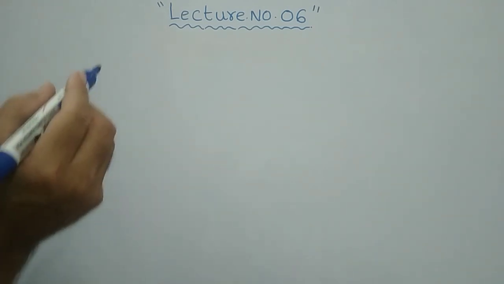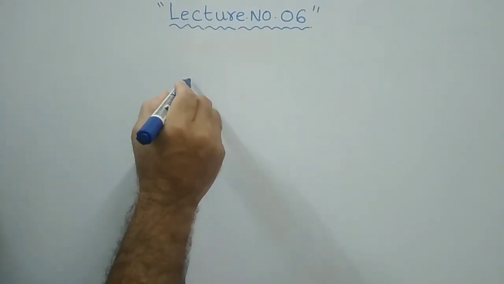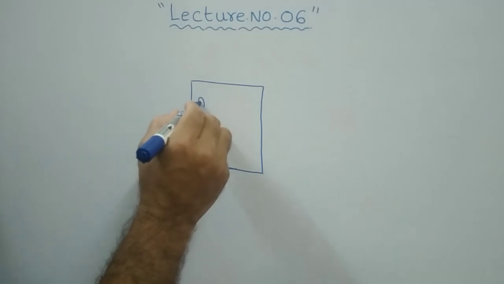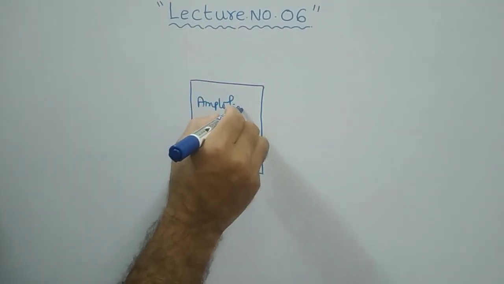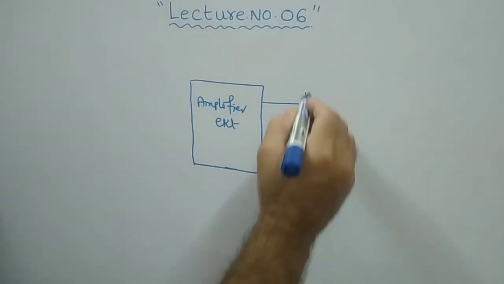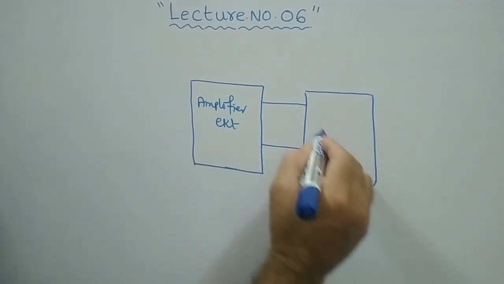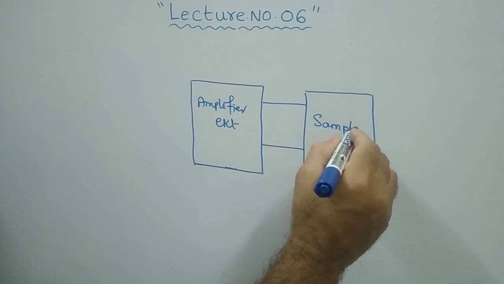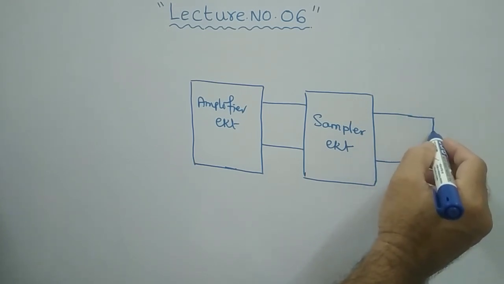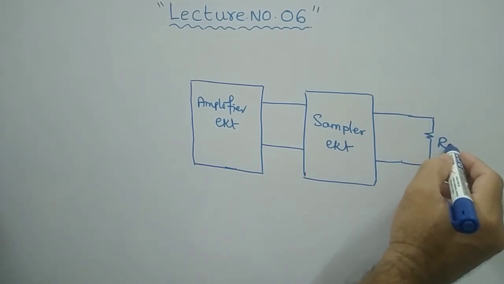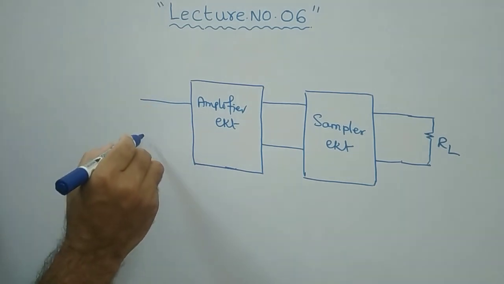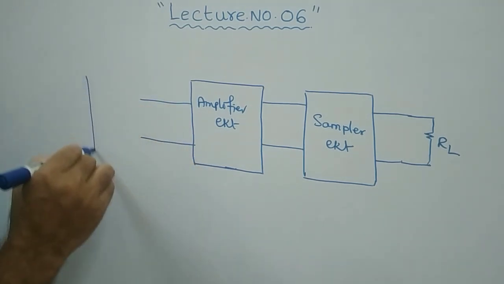Let us recall the simple circuit as we have seen in the last presentation. This is your amplifier circuit, and at the output of the amplifier circuit you have a sampler circuit, and then this is your output. You may have some load resistance, which we can call RL. To the left side of this amplifier circuit you have a mixer circuit.